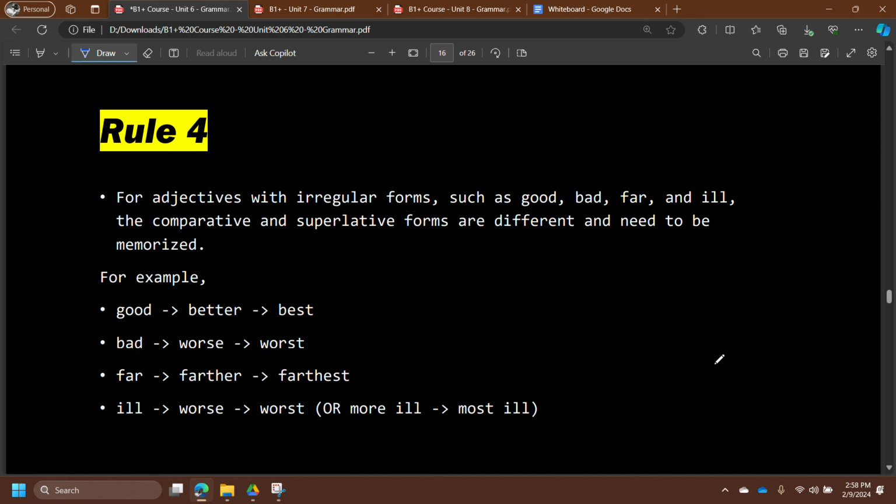British, for example, believe that farther and farthest and further and furthest are nearly identical, the same thing. But in American English, they say it's a bit different.